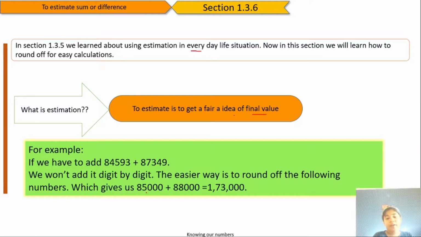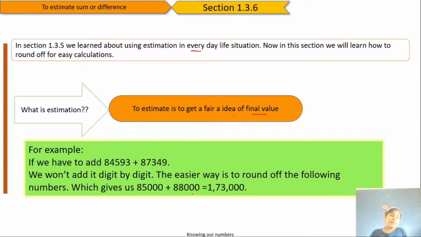If we round it off, what does it give to us? 85,000 and 88,000. It depends how you round it off. You round it off to the nearest tens, hundreds or thousand. But here, I've rounded off to the nearest thousands. So what amount does it give to me? 173,000, and that's it.